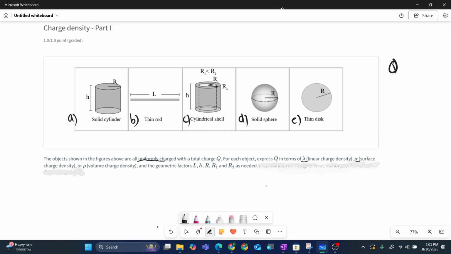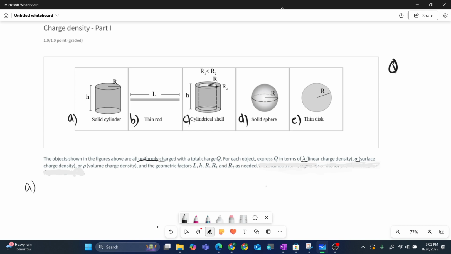Okay, so first of all, let's calculate the charge density of this solid cylinder. I have this solid cylinder with a height H and with radius R, and I need to find the total charge Q. First of all, you need to identify which charge density relates to these objects.